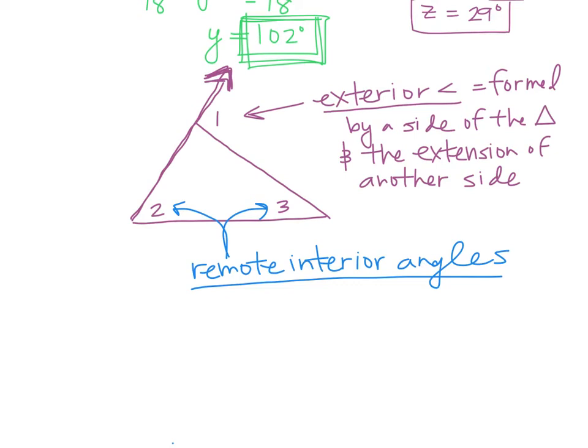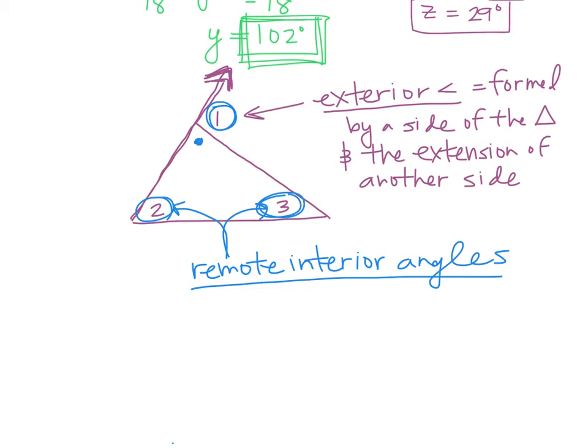So remote interiors are the interior angles that are farthest away from the exterior. If my exterior angle is here, this little angle here is not a remote interior because it's right next to it. We want the two that are farther away from the exterior angle.